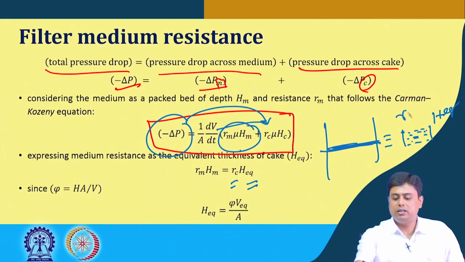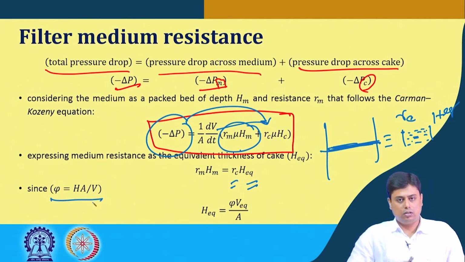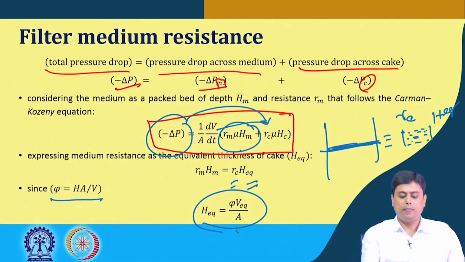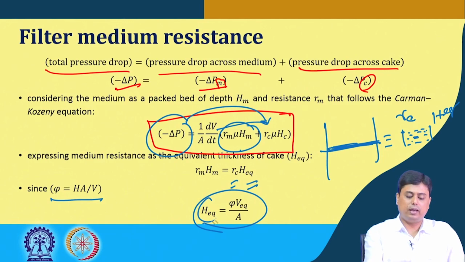And this cake specific resistance, we know, is Rc. And since phi, the amount of cake, is equal to HA by V, this Heq is basically phi Veq by A, where Veq is the equivalent filtrate that must pass through the filter to create an equivalent height of cake Heq.